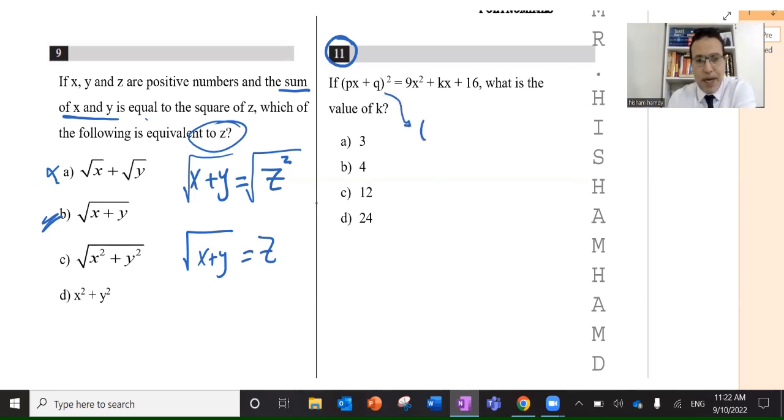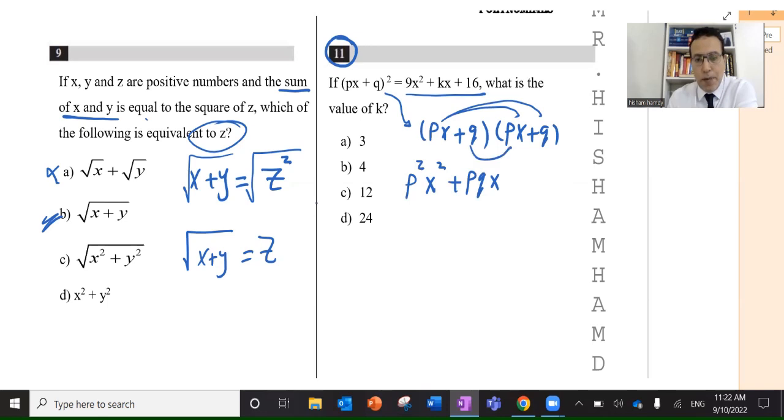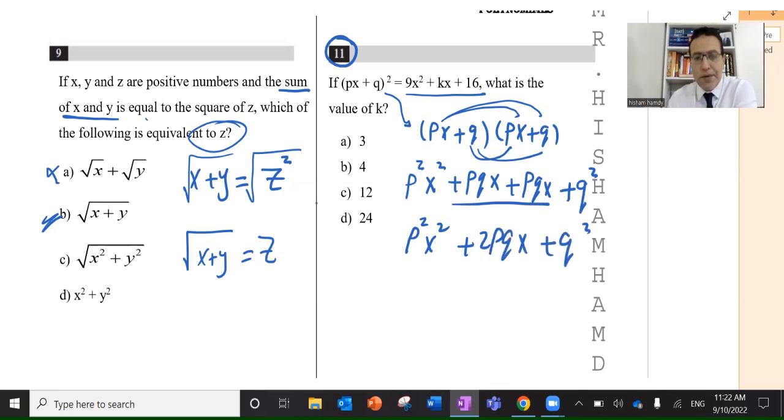So I have to expand px plus q and px plus q and compare the answer with the answer given. px by px is p squared x squared. px by q is pqx. q by px is pqx, plus q squared. So it's p squared x squared plus 2pqx plus q squared.